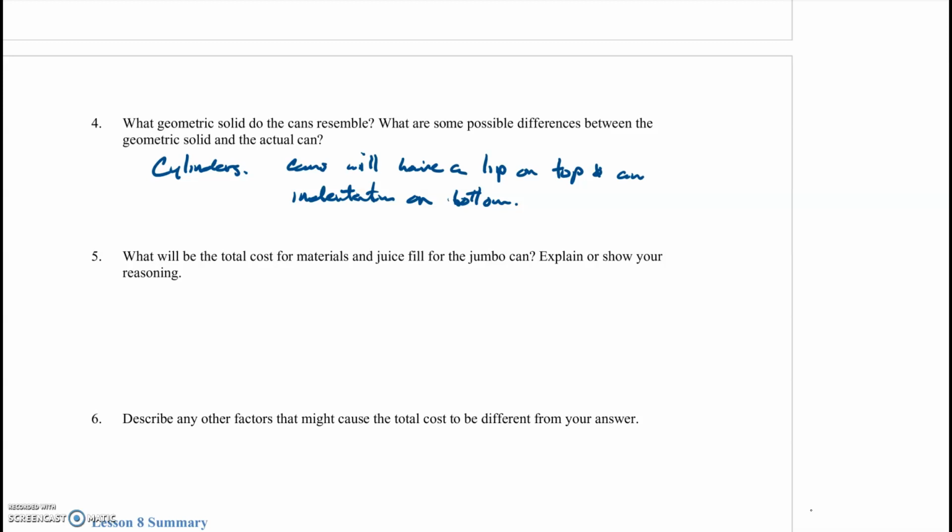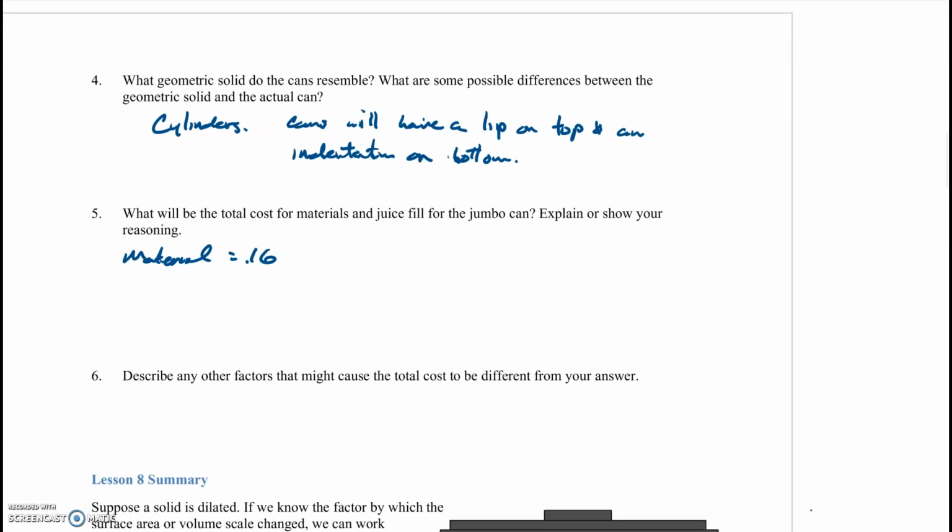Okay, so I know that the total cost of the materials is going to be 16 cents, and that was what the company wanted. We didn't want to spend more than 16, so we made it 16.